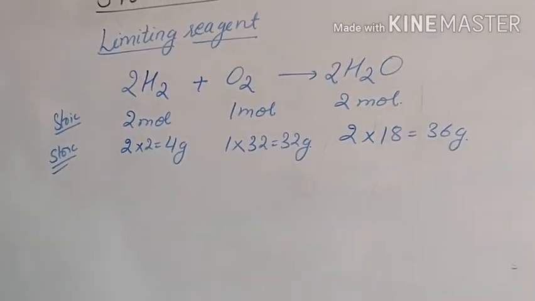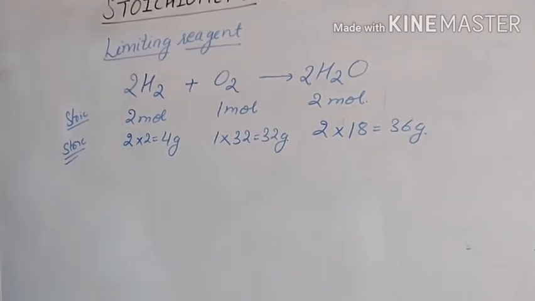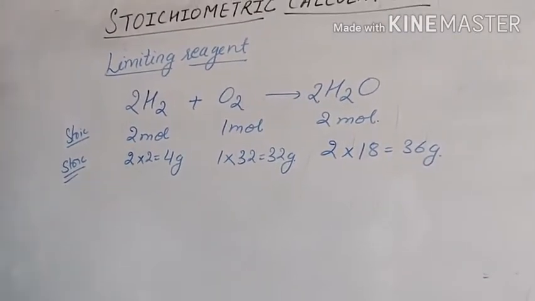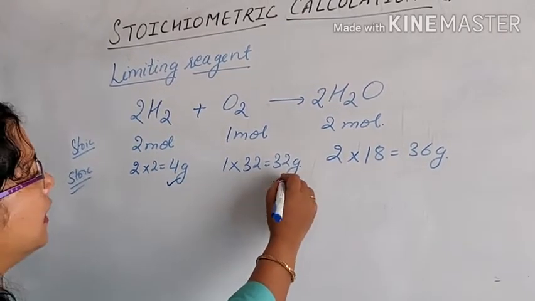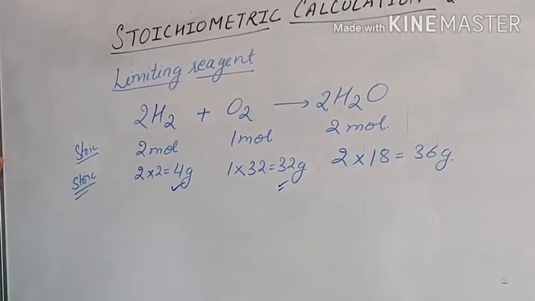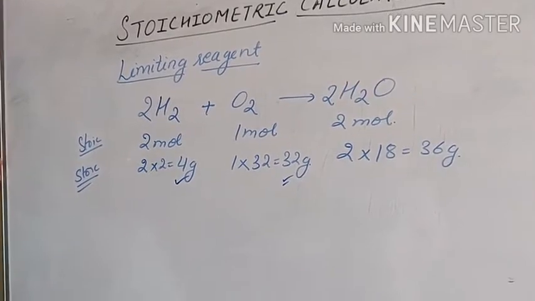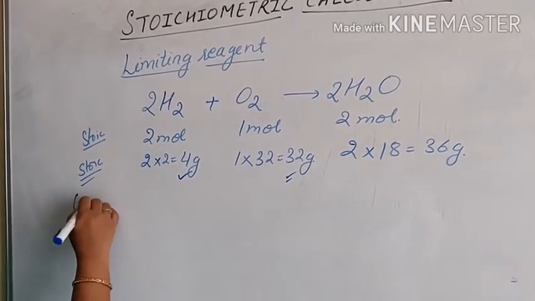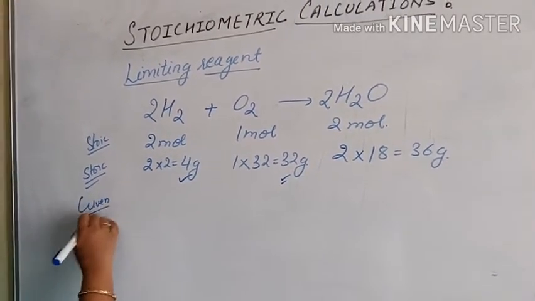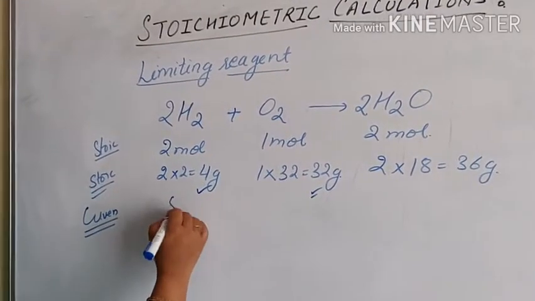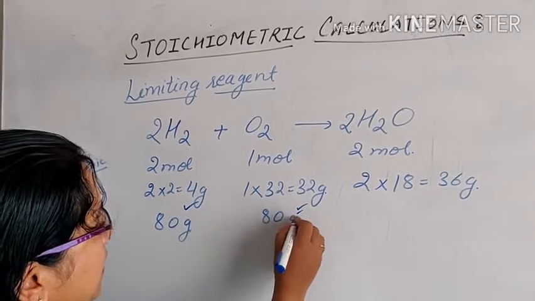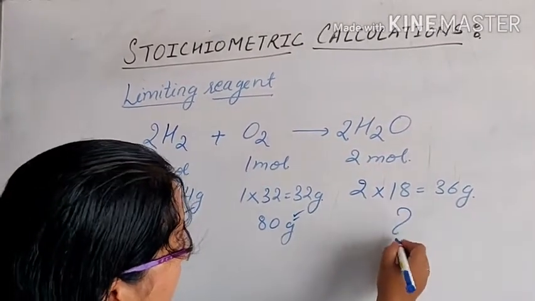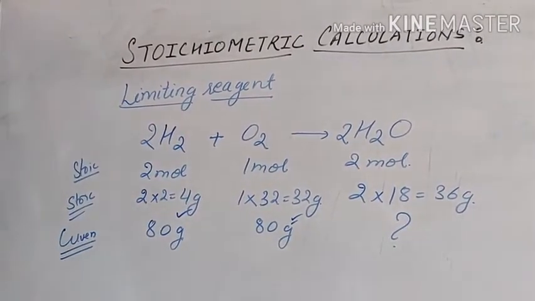So for obtaining 36 gram of water will exactly require 4 gram of hydrogen and 32 grams of oxygen, right? But if the given conditions in the question are 80 gram of hydrogen reacts with 80 gram of oxygen, then what amount of water is produced?